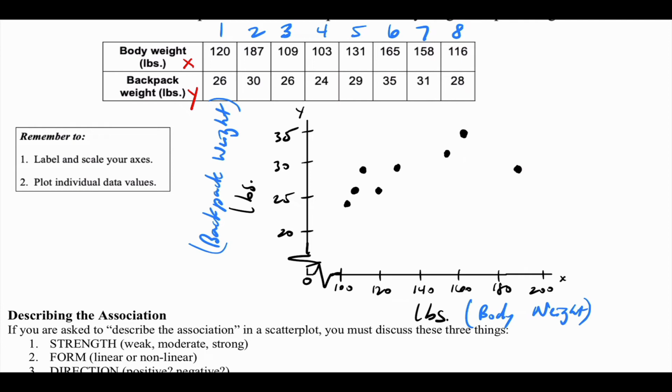From 103 to where? So 103 to 131. Okay, there would appear to be a cluster there. They're kind of clustered together. Okay. What else could we say?